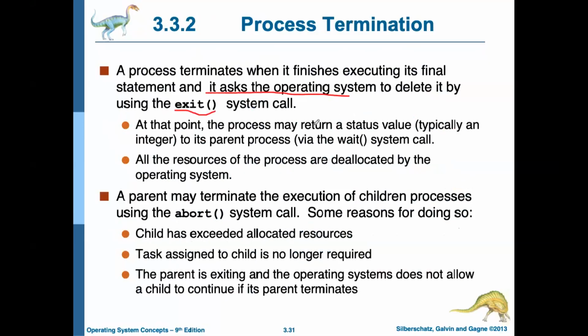At that point, the process may return a status value, typically an integer, to its parent process. Between parent and child, they return the value to the parent, so it is all accounted and recorded, easy for them to use later on. All the resources of the process are deallocated by the operating system, which is why we need the operating system to manage all this.